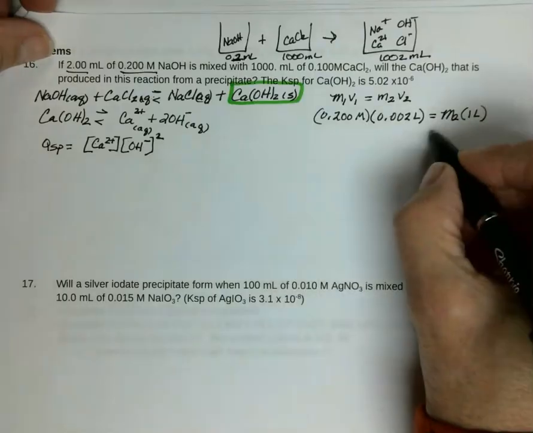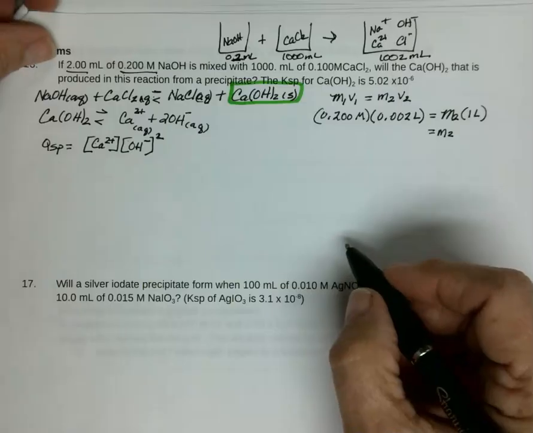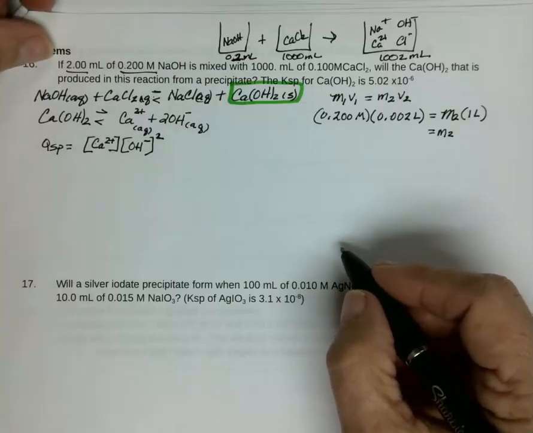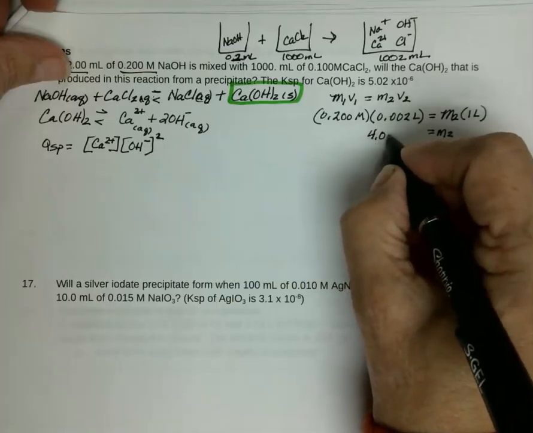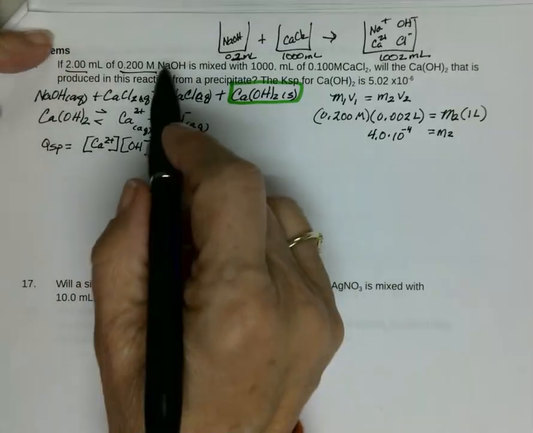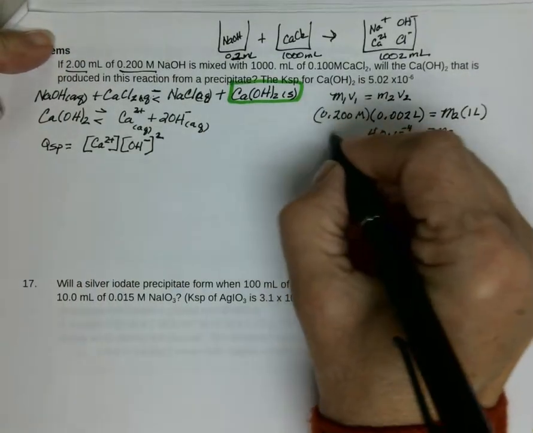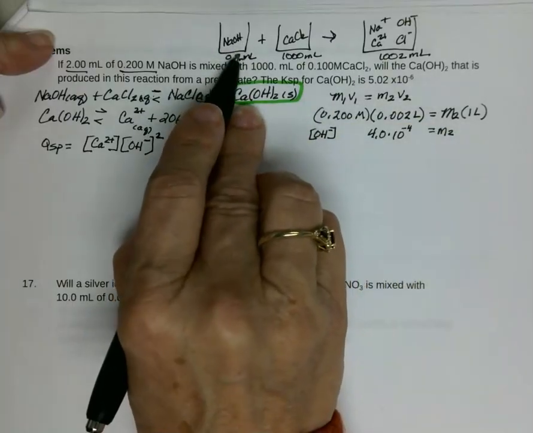Here's my multiplication. And so I would just need to put that into the calculator to see what it is. And that would be 4.0 times 10 to the negative 4 molar. And again, that is for my hydroxide in this solution.